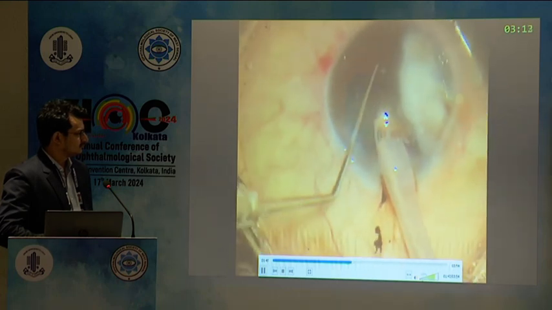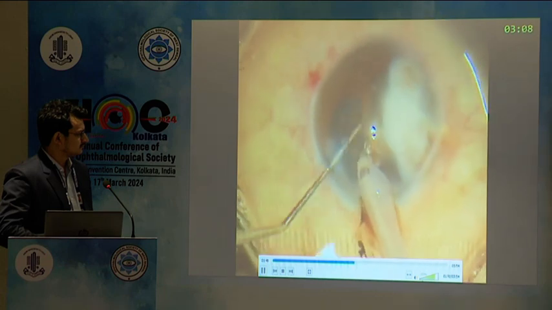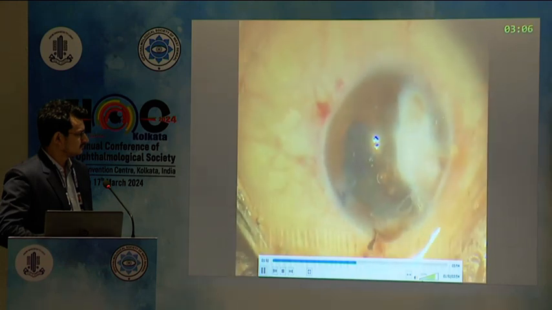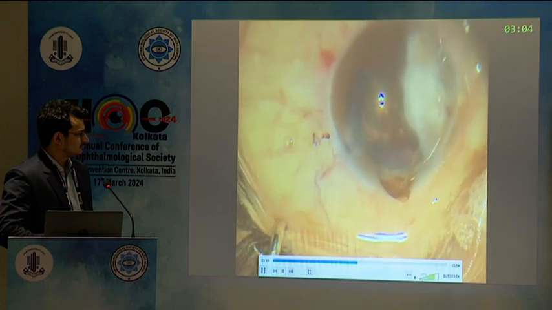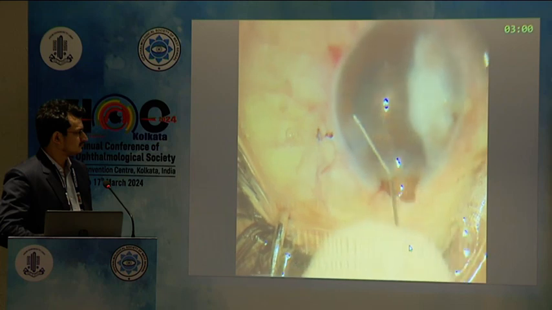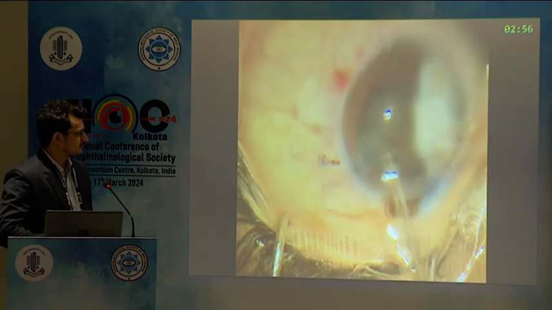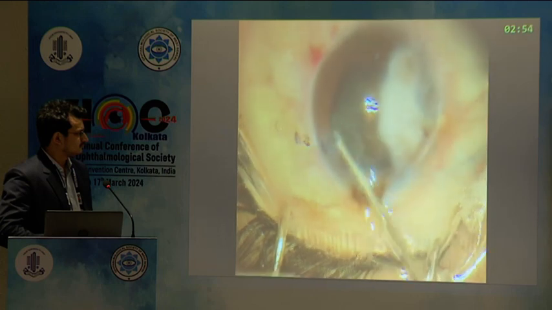Since our view is limited here, the aim will be to segment our emulsification in various parts and keep the machine setting low. You have to stop in between to mechanically put viscoelastic and push the iris tags to the periphery.